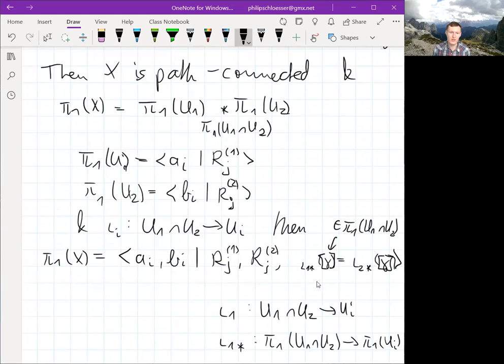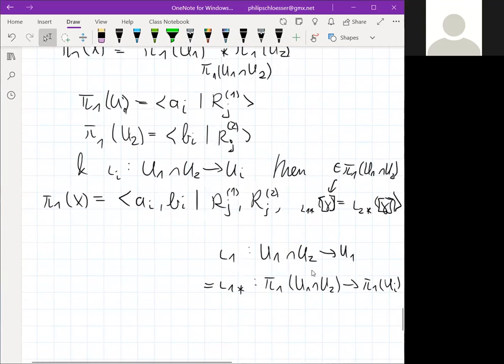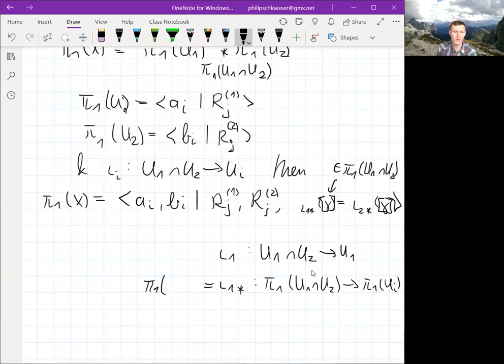I can also call this map just pi1 of iota 1. No, I get that, but I'm trying to wonder how the map exists. You just compose, so you have a path. You have a path going from 0, 1 to u1 intersection u2, and then you just compose this path with iota 1 and get a path in u1, and this path is now an element of the fundamental group of u1.